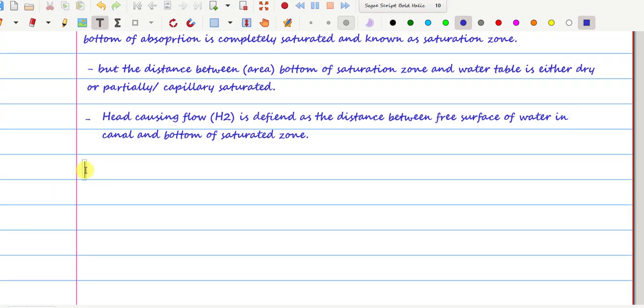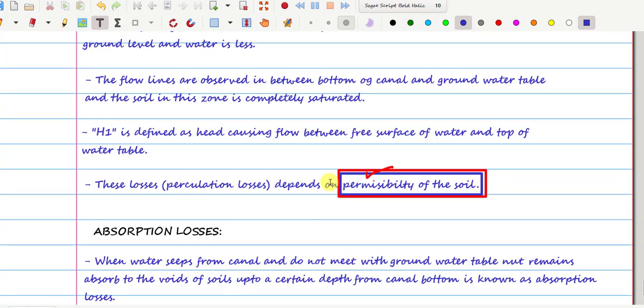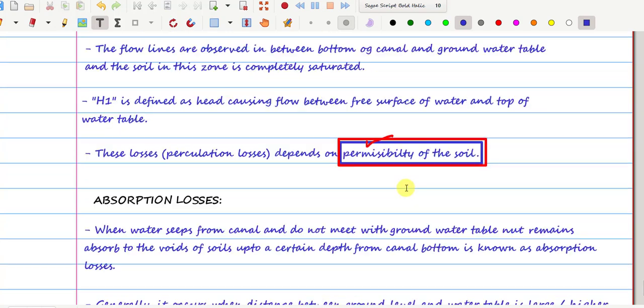And the last point is that the absorption rate generally depends upon, in case of percolation, the permeability of soil, right?